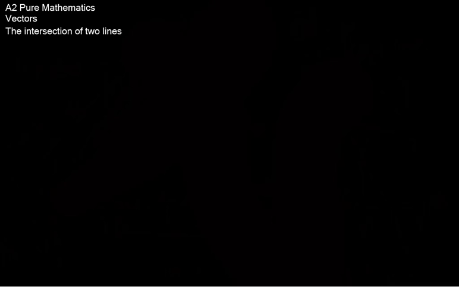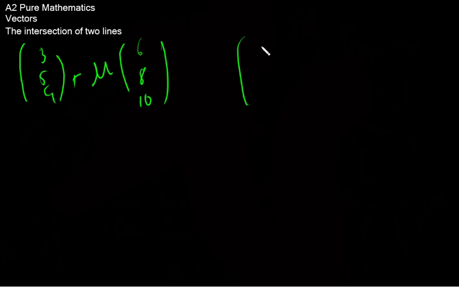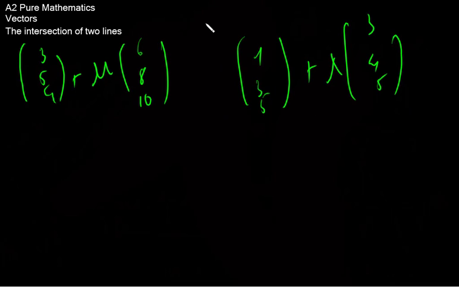Let's say now we have an equation here. This is an equation of a line: 3, 5, 4 plus a constant times 6, 8, 10. And this is another line where we have the point 1, 3, 5 plus a constant times 3, 4, 5. Now you can realize that this part shows the direction vector of the line.